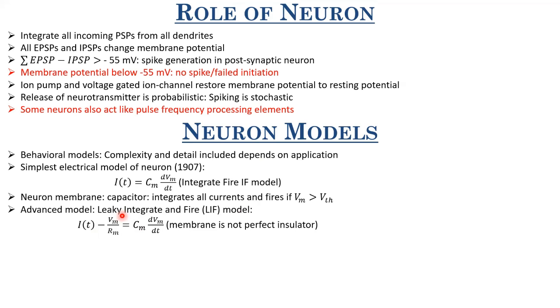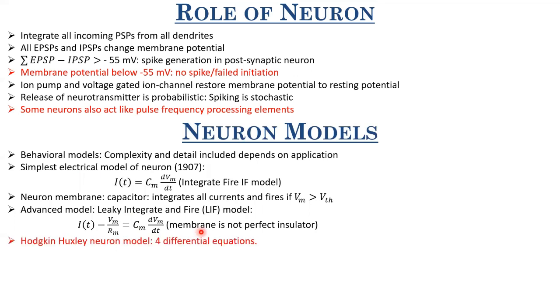This just takes into account that your membrane is not a perfect insulator, and it is one of the advanced models as compared to the simplest model of the neuron, the integrate-and-fire model. And this is the most commonly used model for spiking neural nets.